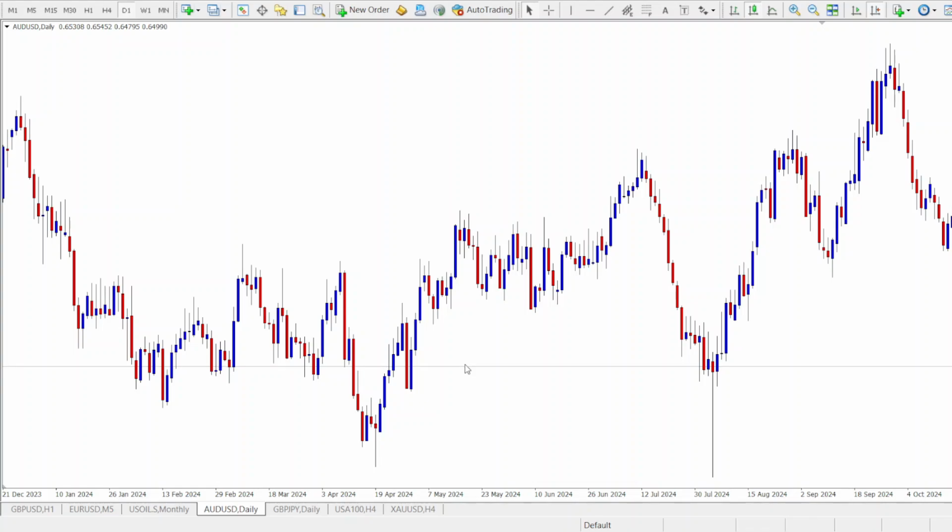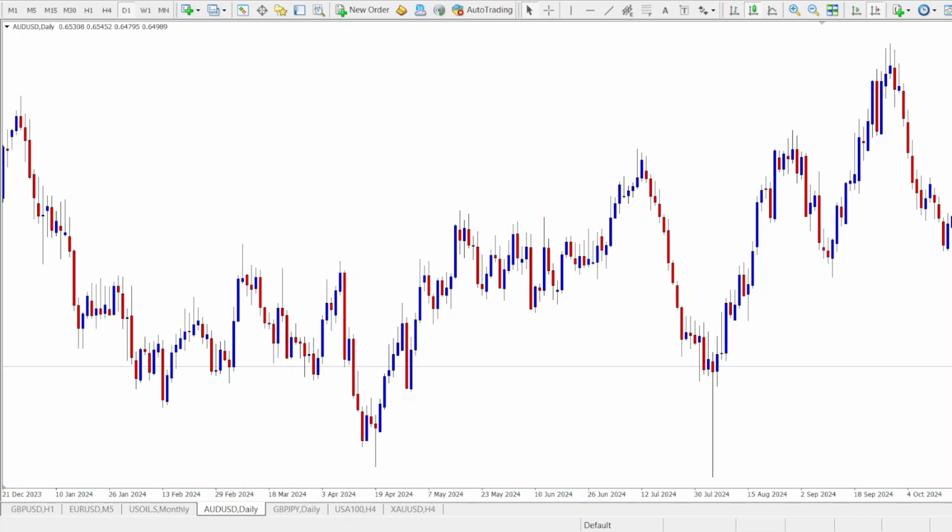I copied the file, went to the indicators folder, and pasted the file in that folder, on my desktop.